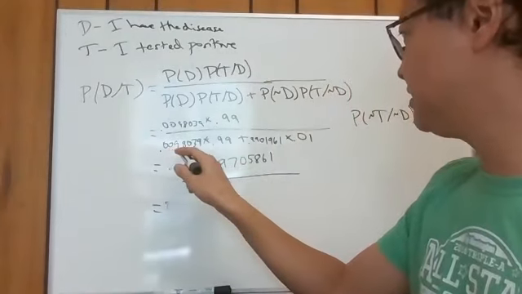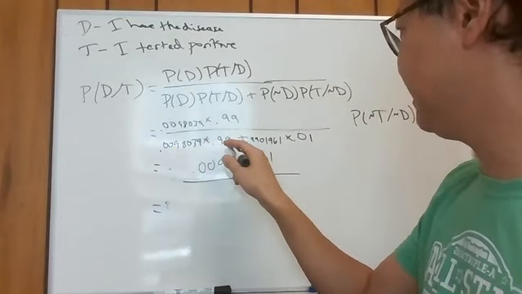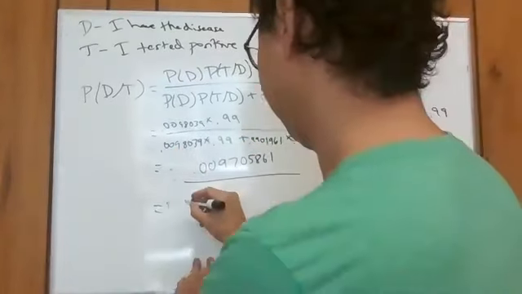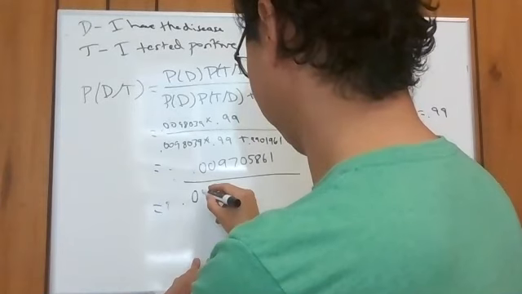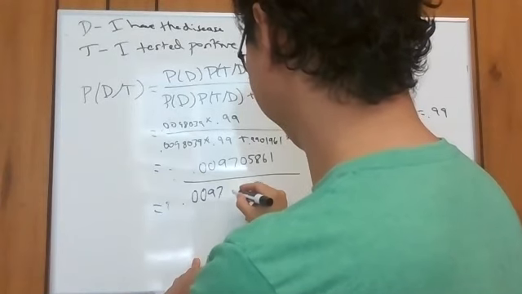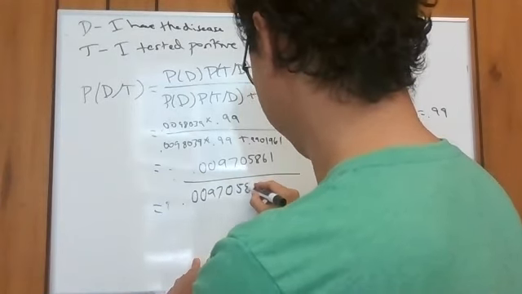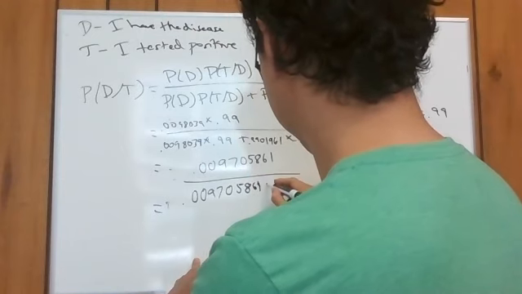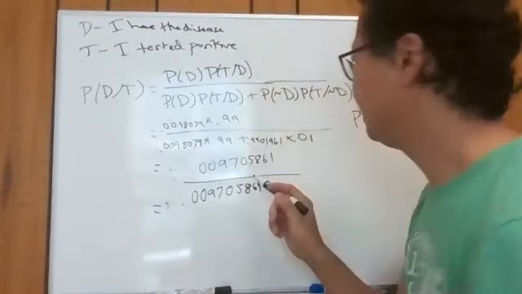And this number, 0.0098039 times 0.99, well, those are the same. So that's 0.009705861. Plus, now we have to do this multiplication: 0.9901961 times 0.01 is going to be, what's that going to be?